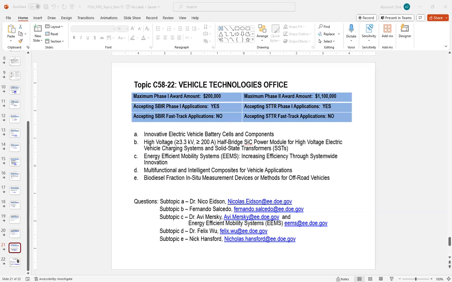On that note, we do recognize that smartphone applications are a way of increasing coordination and communication and can be part of a shared mobility solution, but applications whose efforts are primarily in app development rather than technology development are discouraged. We also don't want to see applicants that duplicate research that's already in progress at VTO, which you can see on our website, as well as other agencies, including state and local governments, and the private sector.